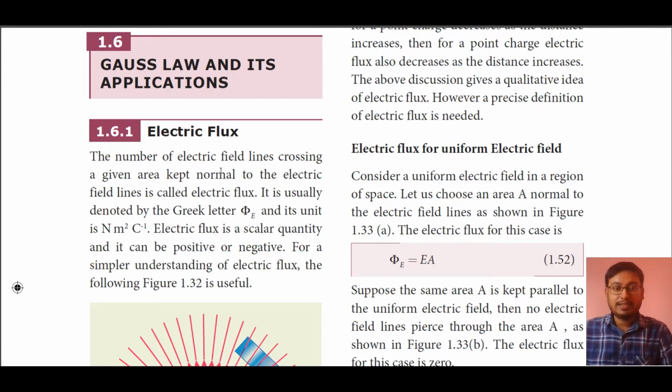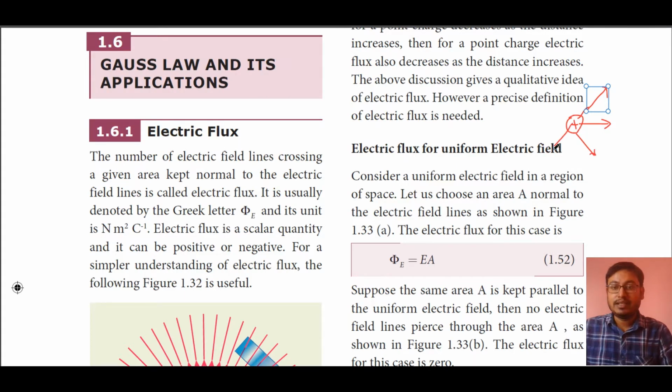The number of electric field lines crossing a given area kept normal to the electric field line is called electric flux. What does that mean? Normal means perpendicular. Suppose we have a charge, either positive or negative. To visualize it correctly, mostly we take a positive charge, and suppose from that charge a lot of electric field lines are going in the outward direction, as we already have seen in our previous classes.